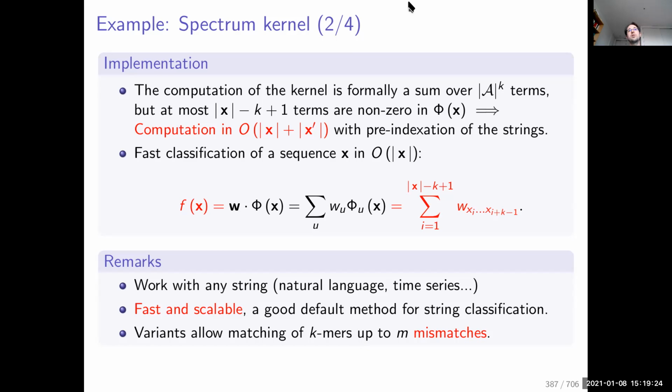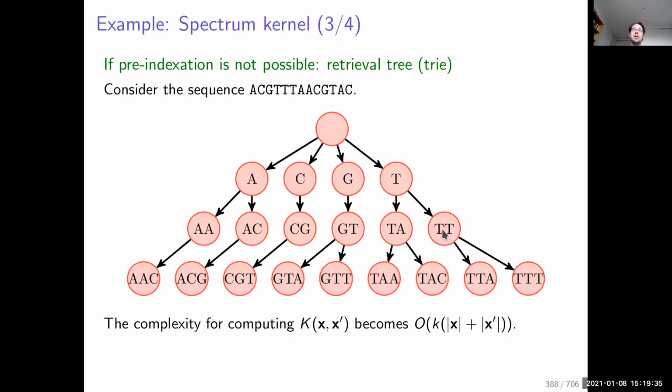So if you cannot do the pre-indexation of these strings, meaning if this number here requires too many bits, then there exist particular data structures that allow relatively fast classification.